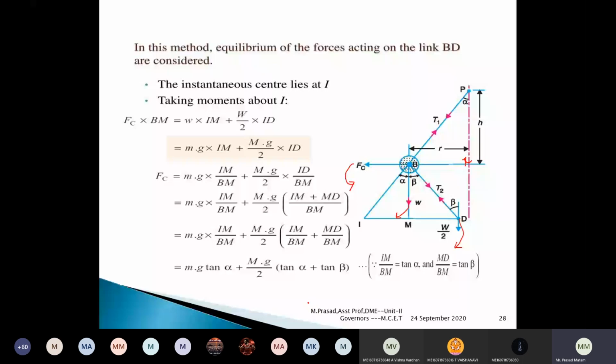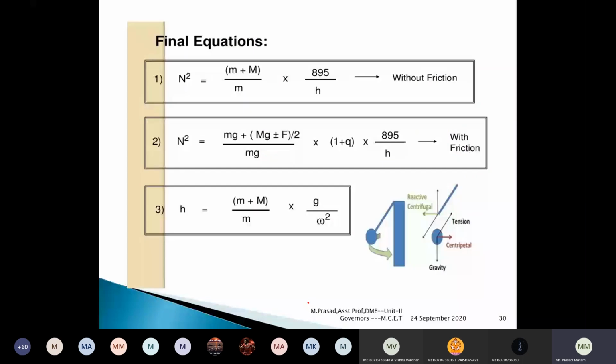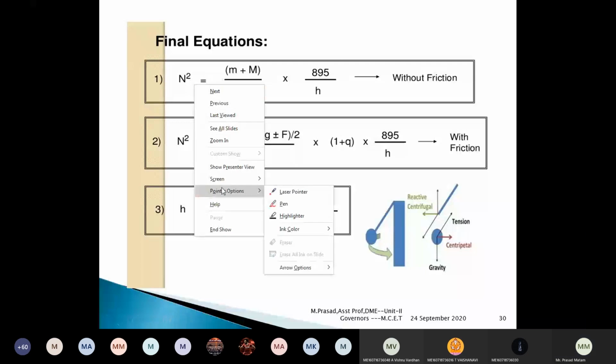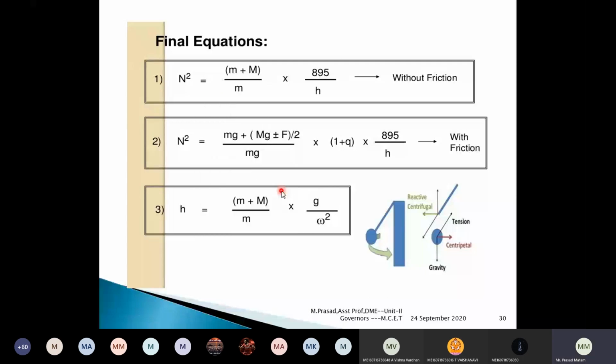Now you can see the final equations here. The relationship between the speed and height of a governor: N square is equal to (small m plus capital M) by m into 895 by h, where small m is the mass of the ball and capital M is the load acting on the sleeve. This is without friction.